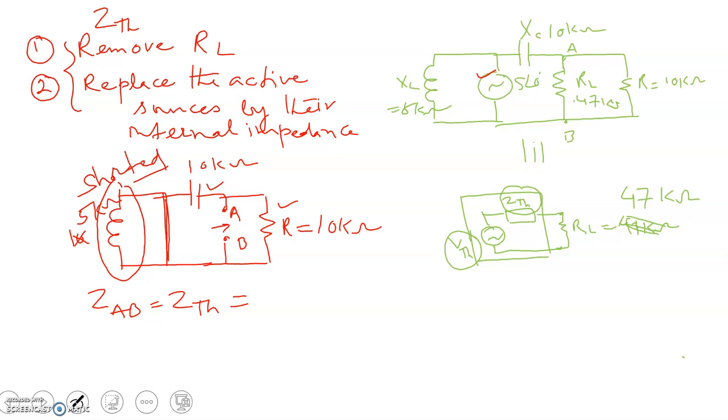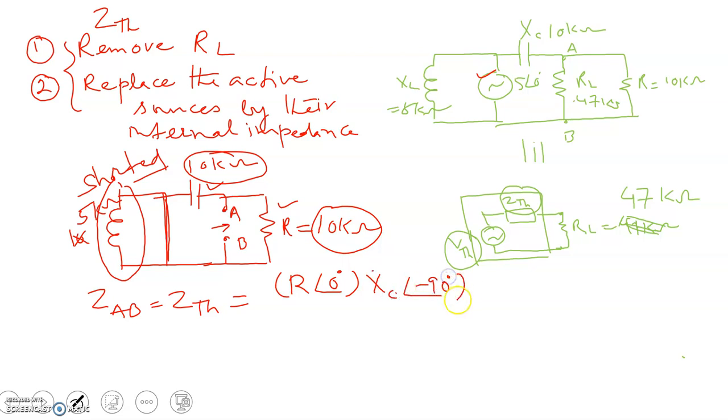So ZTH will be these two things connected in parallel. So let me write R angle 0 degrees, multiplied by XC, and XC is minus 90 degrees, divided by R minus JXC.